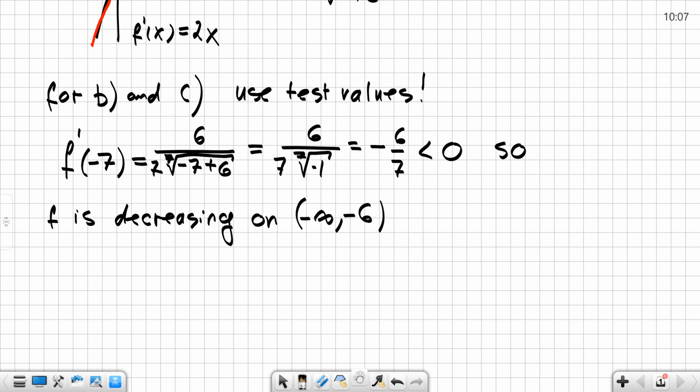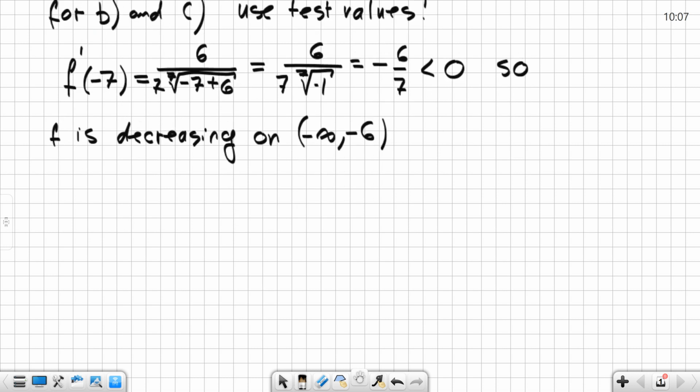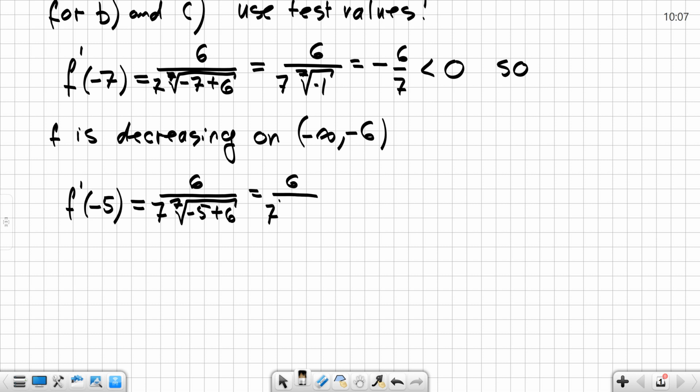Now let's do the same thing with a number to the right of -6. In other words, I am now going to look at the interval from -6 to +infinity. Let's use -5. I plug -5 into my derivative: -5 + 6, and the 7th root of this is nothing else but 7 times the 7th root of +1, which is +6/7.